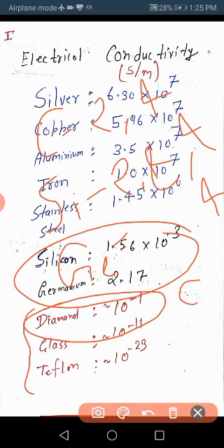Okay, for the answer to this question, we shall look into the band theory. So let's start with the band theory.